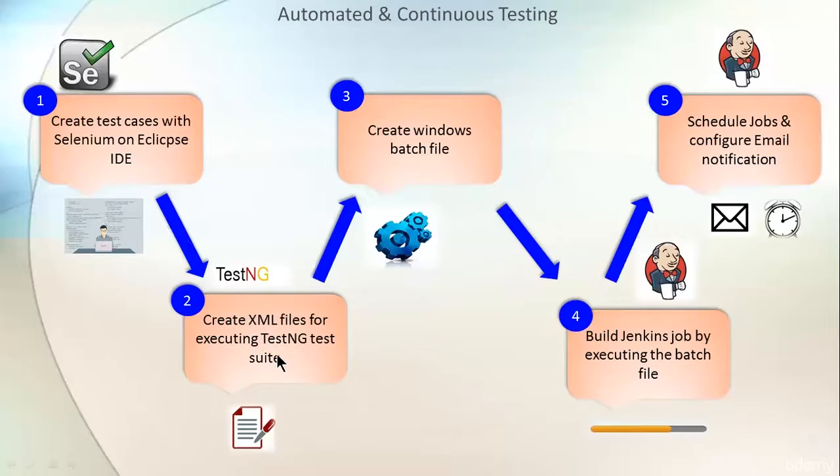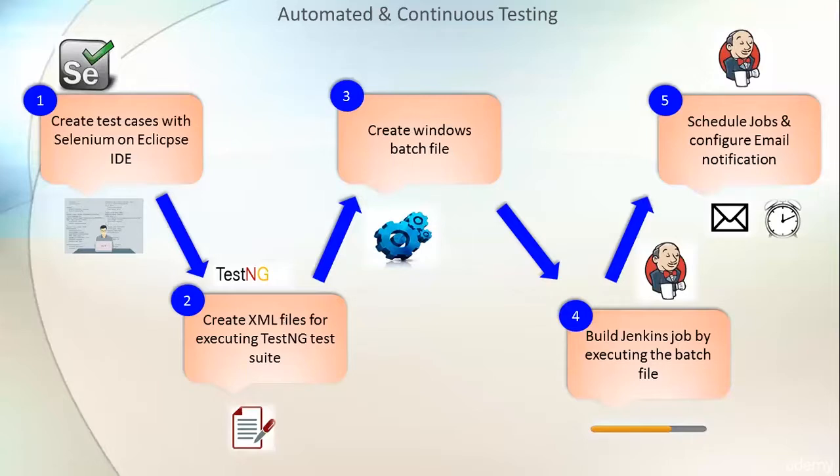For example, if I need 10 libraries and 2 binaries, they should be with this TestNG. If the libraries and binaries are missing while executing TestNG, it is going to fail. In our practical session, we'll see how this works.